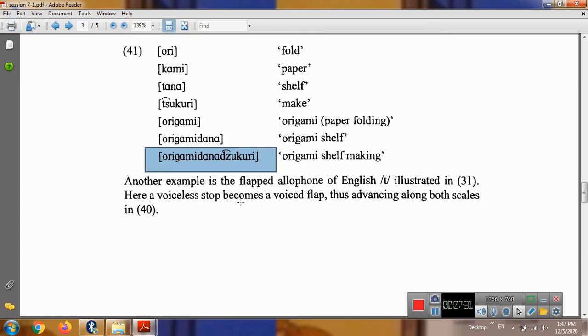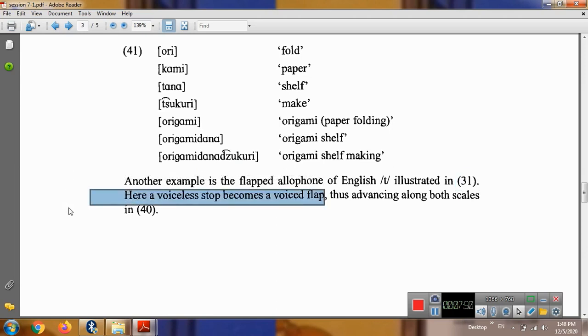Another example is the flapped allophone of English, illustrated in 31 here. You can see this data in 31. Here a voiceless stop becomes a voiced flap.